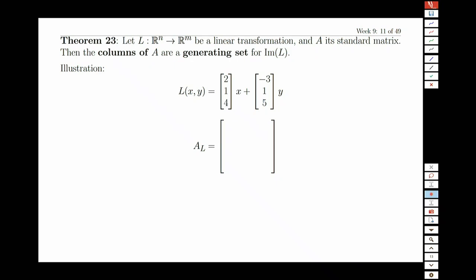So let's take a linear transform, in general, from nice vector spaces R^n to R^m. We can guarantee one thing about the image. The image is about the output, and if we take a look at the columns of A, they're going to be a generating set or a spanning set. Those are two equivalent phrases for the image of L. You can see why here.